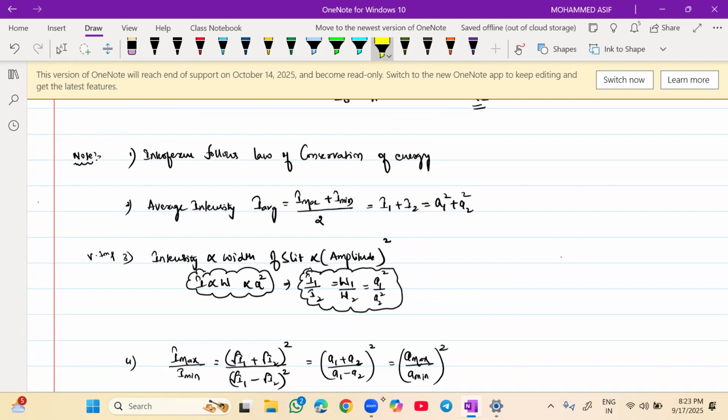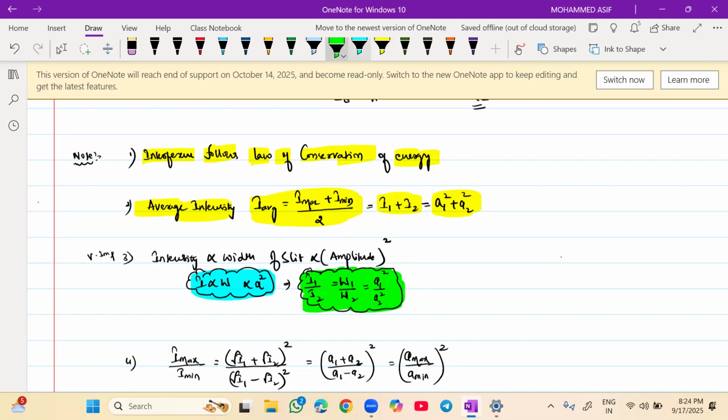Interference follows the law of conservation of energy. Average intensity is given by the formula I average is equal to I max plus I minima divided by 2, or it is I1 plus I2, or it is A1 square plus A2 square. Intensity is directly proportional to width, and that is directly proportional to the square of the amplitude. That means the ratio I1 by I2 is equal to W1 divided by W2.